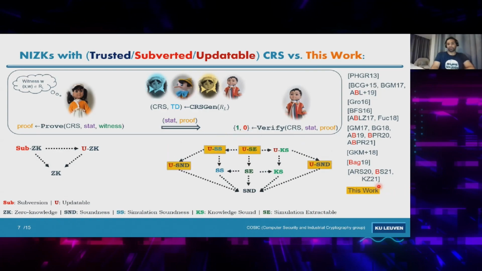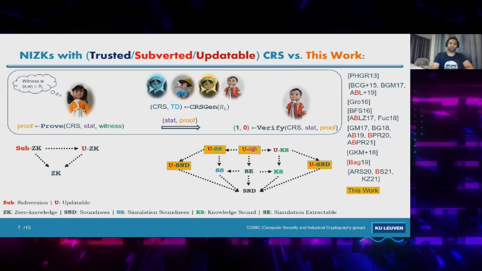In this paper, we start with non-interactive ZAPs. This technique was first proposed by Baghery and Scafuro, and we basically show that this idea can be extended to build subversion-resistant and updatable sound, or updatable simulation extractable, or updatable simulation sound NIZK arguments. Some of them are for the first time, but some of them are already presented.